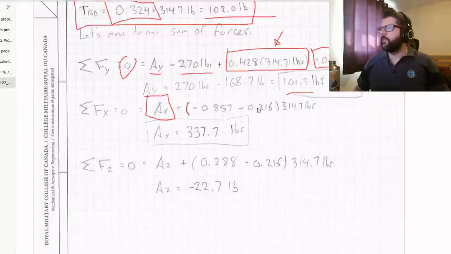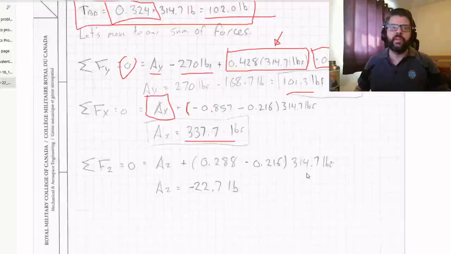So I kind of just group those together here, because again they're both some ratio times 314.7 pounds. So anyways, simple enough to solve. Eventually we just find that our AX is going to be 337.7 pounds.